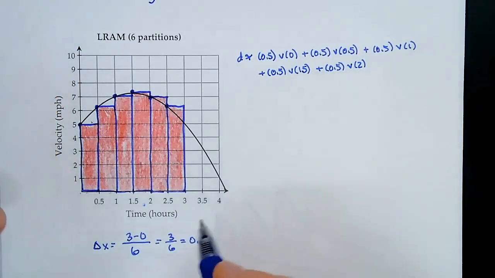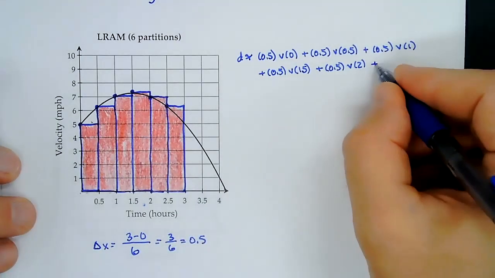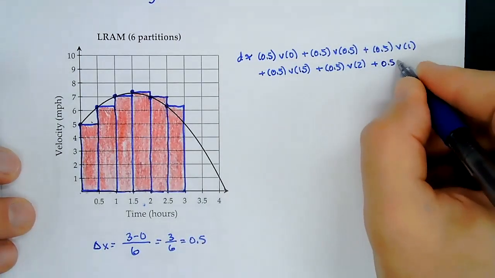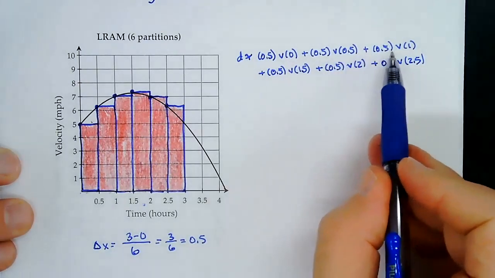We're not going to go all the way to 3, though, right? We're going to stop at 2.5. And then plus 0.5 times V of 2.5, and that's my 6 rectangles, right?